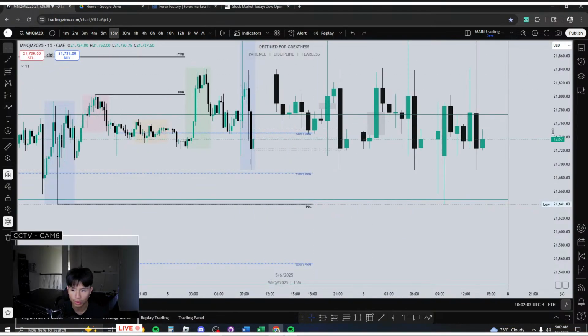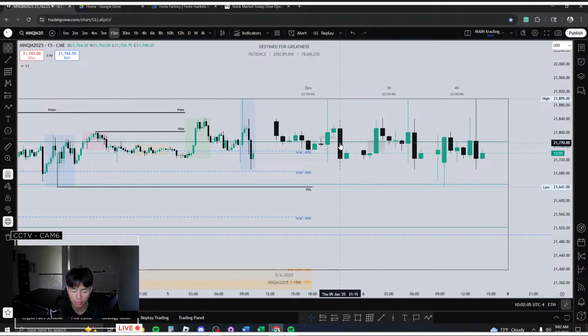However, with the way we're looking on the 30-minute and hourly time frames, it suggests that we should continue lower. Even if I have an idea of where price wants to go, I can't force a setup or a trade to happen if I don't have a model to align with the higher time frame draw on liquidity.